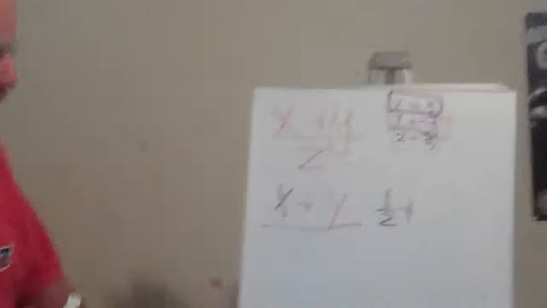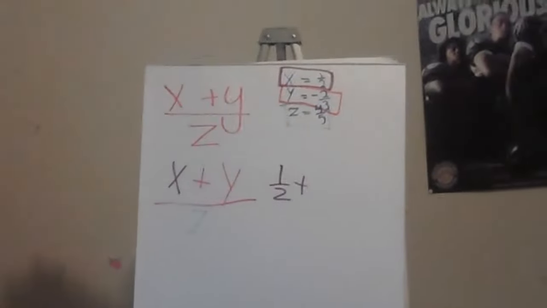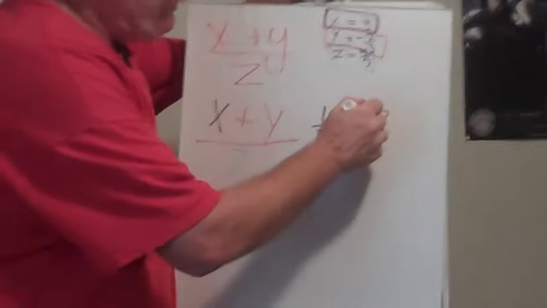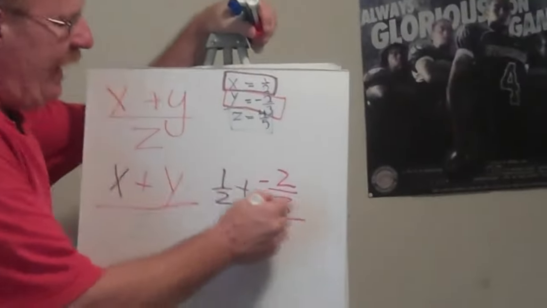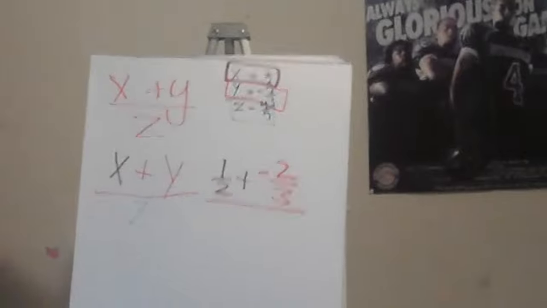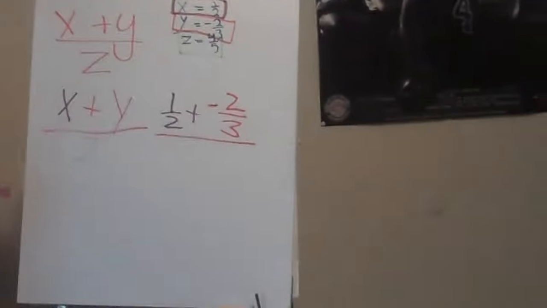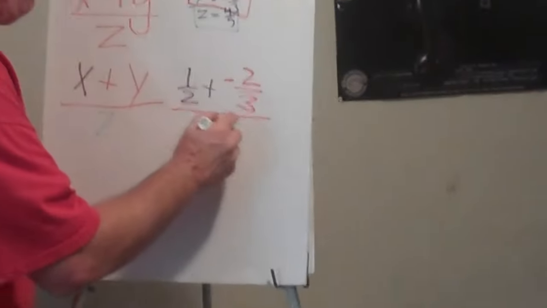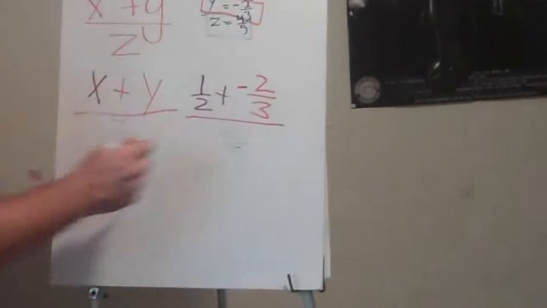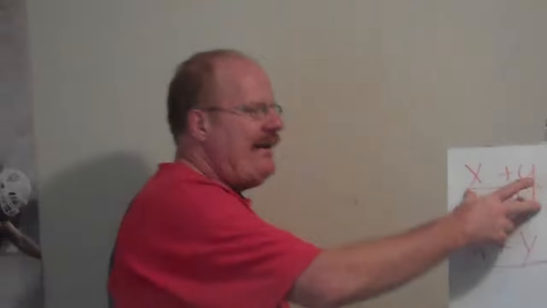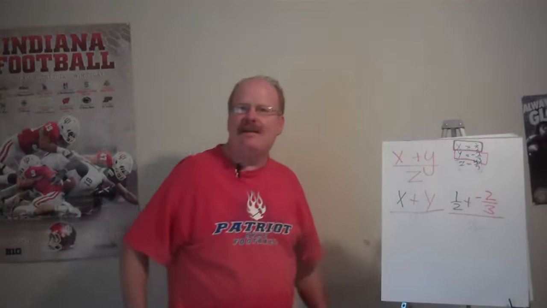And now, going into the game for y is -2/3. And then the last substitution, going into the game for z, is 4/5. And now, we went from letters to assigned numbers.